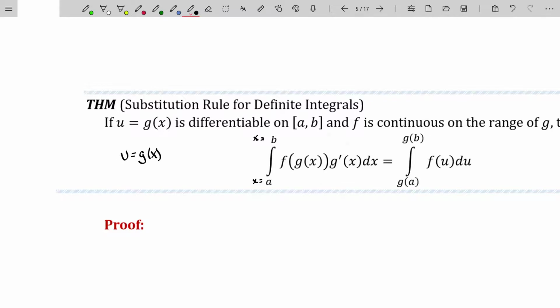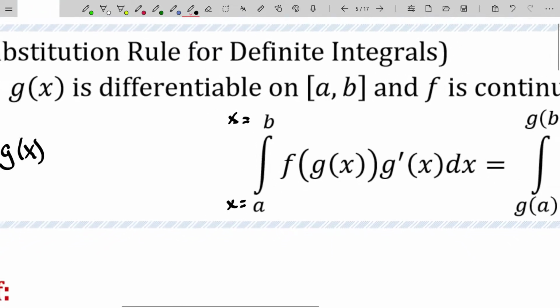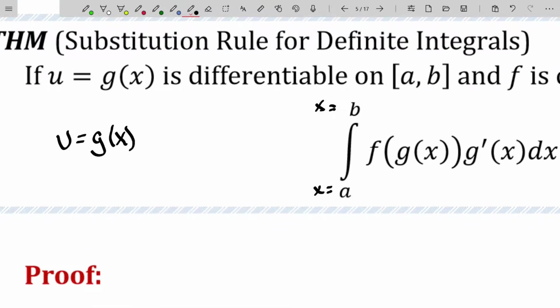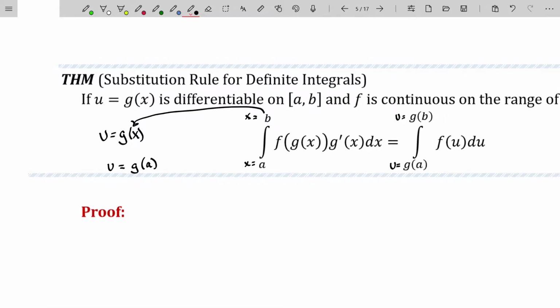The lower limit, since x is equal to a there, becomes u equals g of a. For the upper limit, just plug x equals b into this relation and you'll integrate to u equals g of b. That's really the proof. I don't have to do anything else. That is literally the proof.